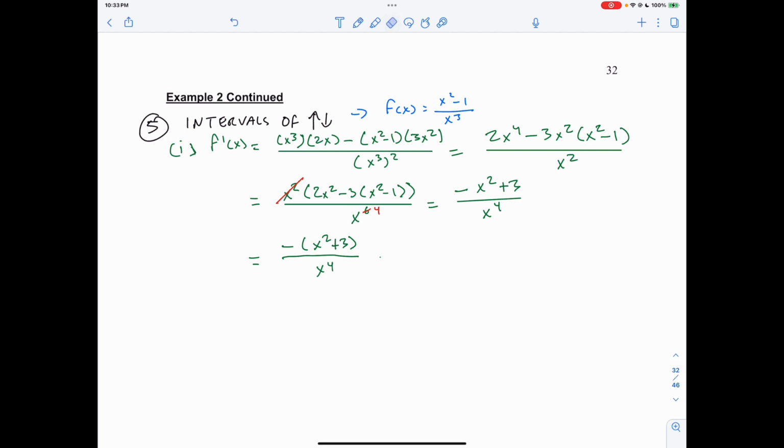Oh, minus 3. And I'm going to take a difference of squares.